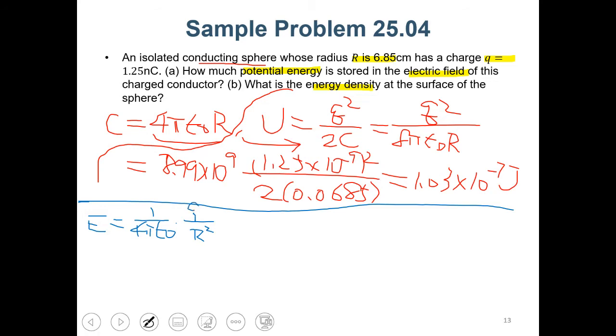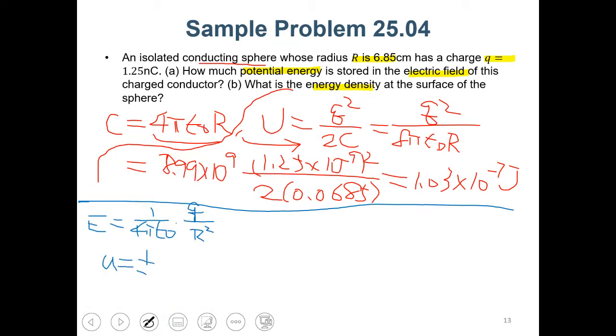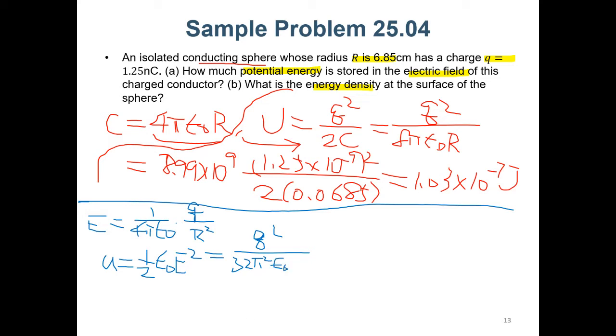So the u is 1/2 epsilon naught E squared, and then we just substitute it there. So it will become Q squared over 32 pi squared epsilon naught r to the 4th power.